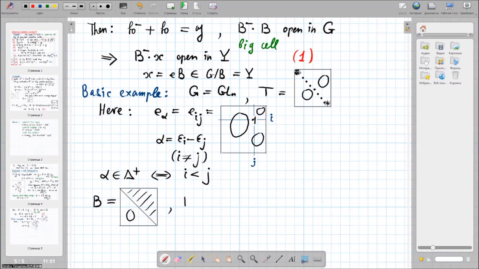The opposite Borel subgroup is, of course, the set of lower triangular matrices.